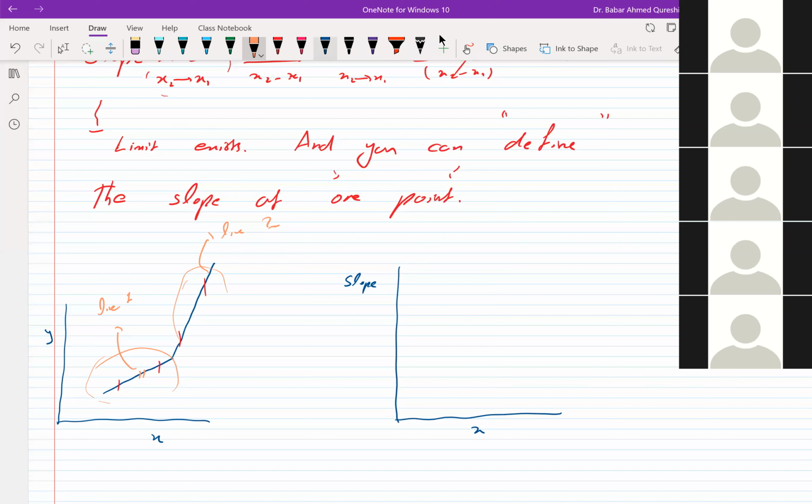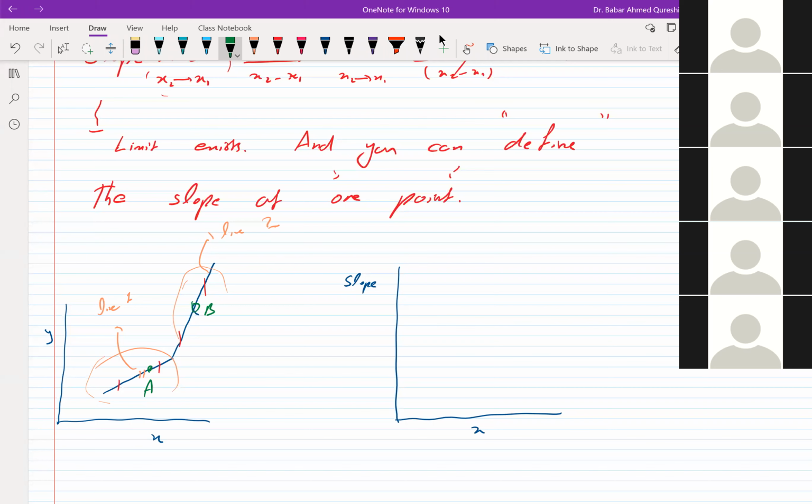If I choose a point here, let me use some other color, this point B and this point A, I will not be able to define the slope using my previous formula, because I don't have an equation of a line. These are two different lines. And I can't assign one single slope, maybe something average, but not what I was doing before.